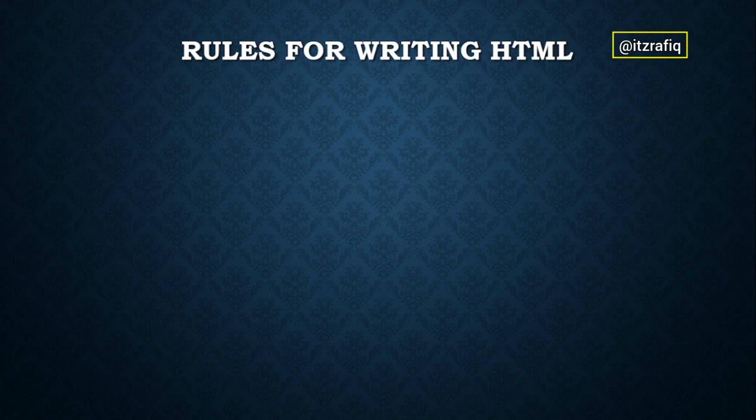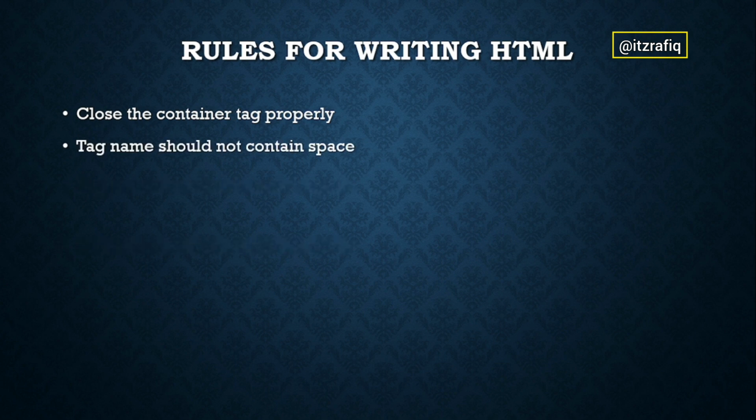Rules for writing HTML. As for speaking in English, we have to follow grammar, which most of the time I make mistakes in. So for writing HTML also, you have to follow some rules. These are: first, you have to close the container tag properly. Secondly, the tag name should not contain space.